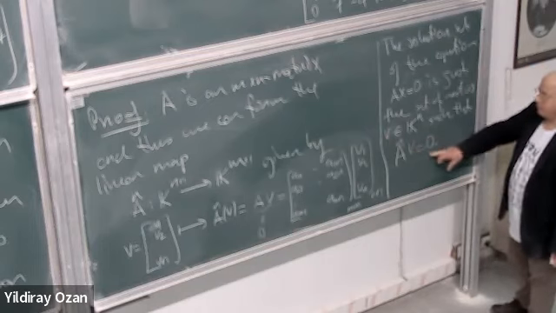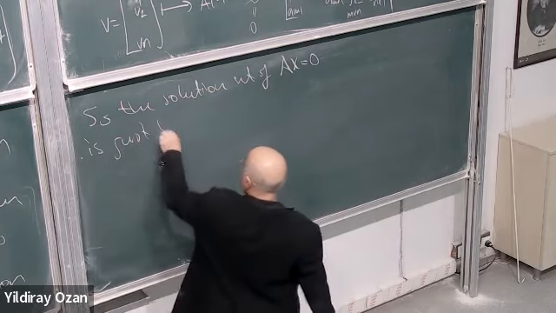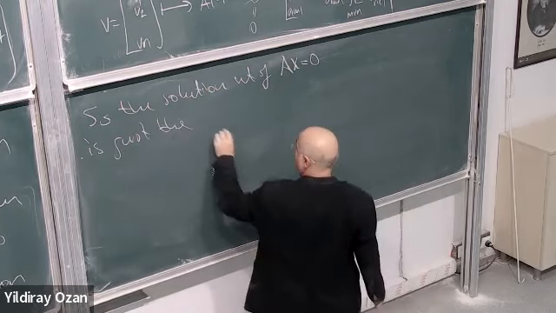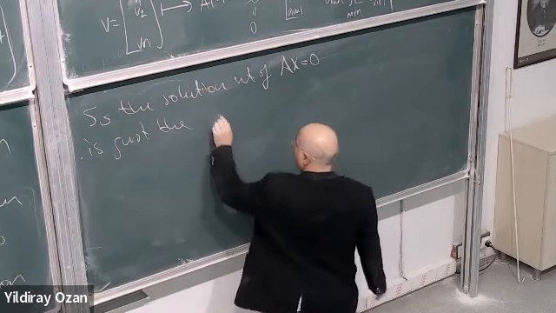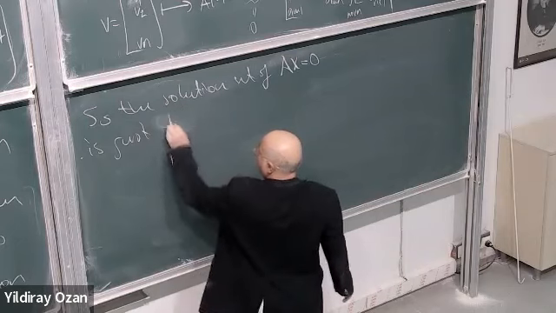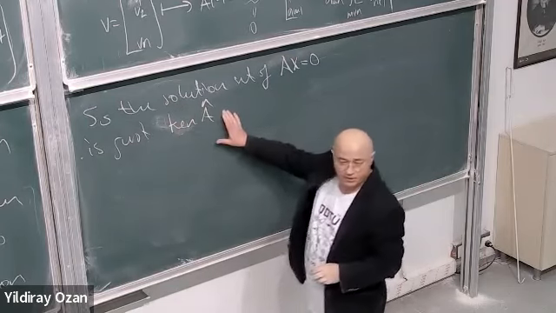So the solution set of AX equals 0 is just the kernel of A hat. And what is this?